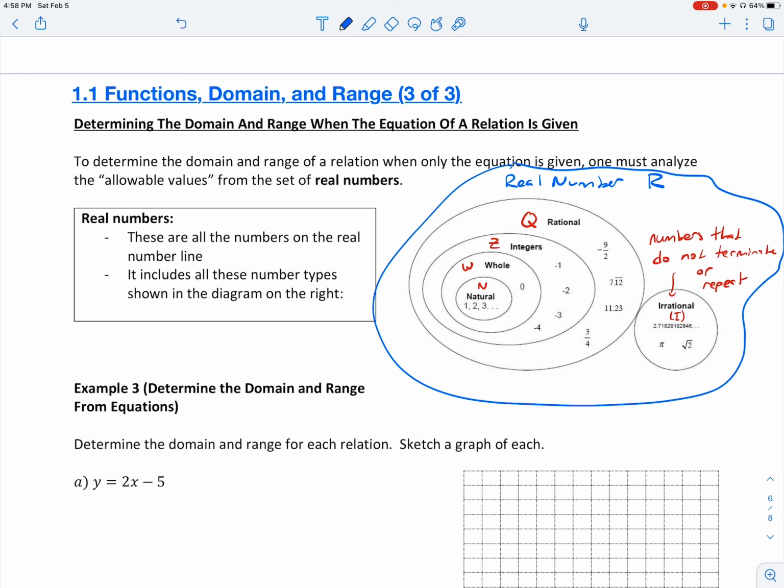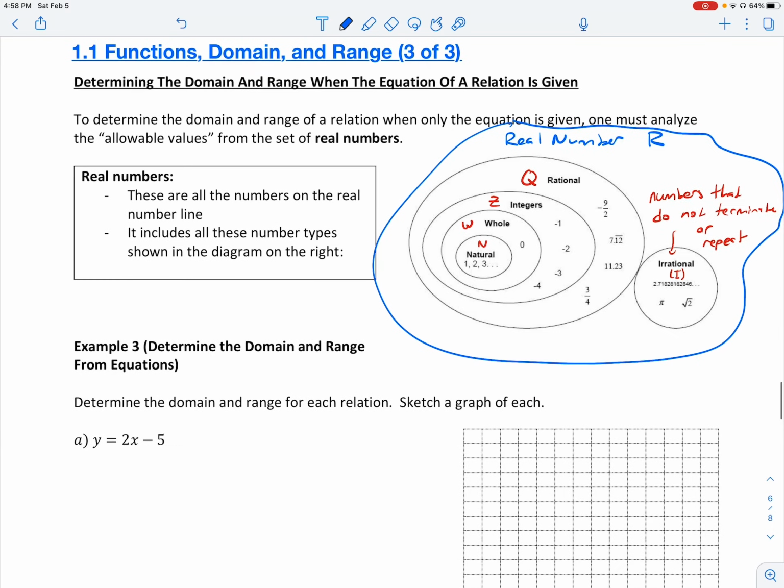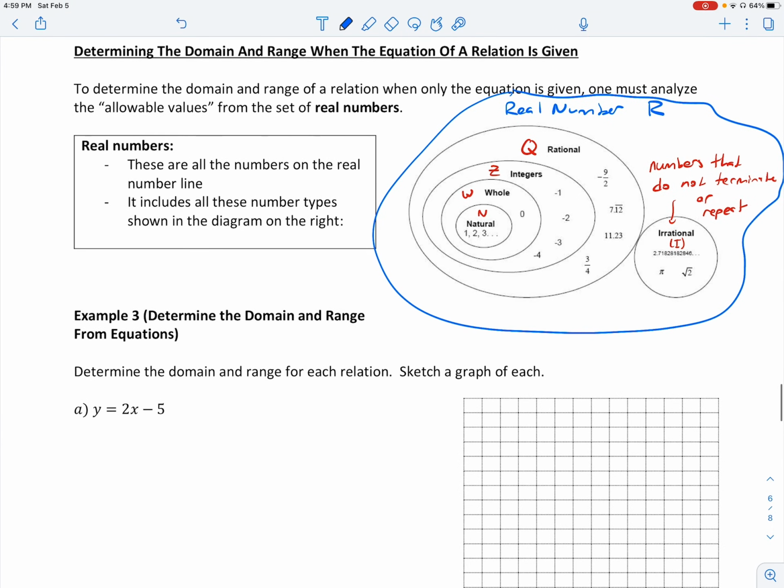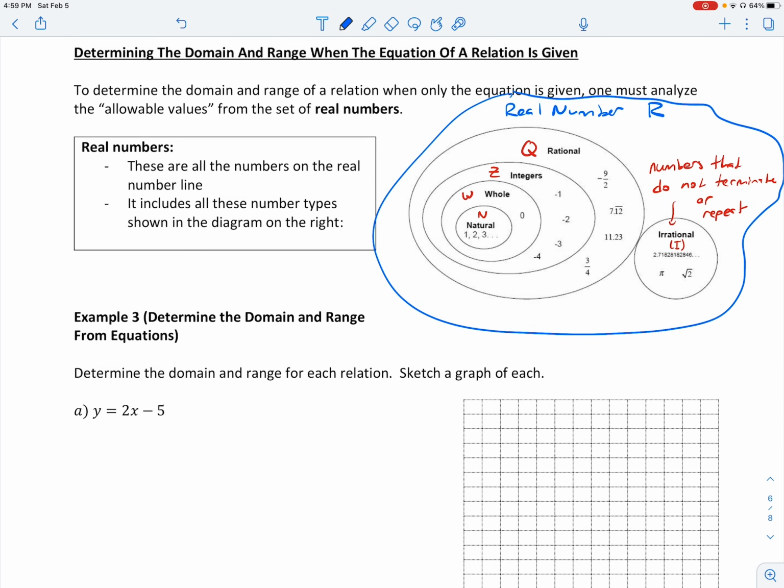Now in math class, when we're doing graphs and working with equations, and we're working with the Cartesian plane, the XY axis, the Cartesian plane is actually using the real number system. So every single number that exists on that number line is part of the real numbers.